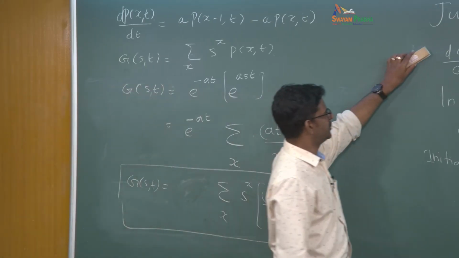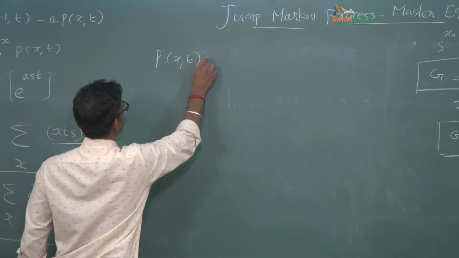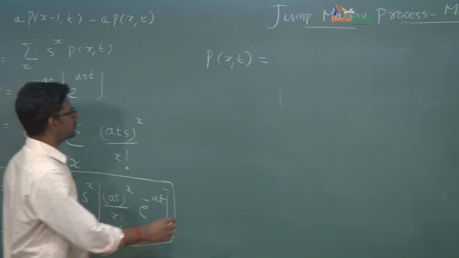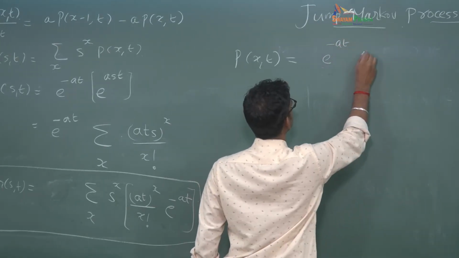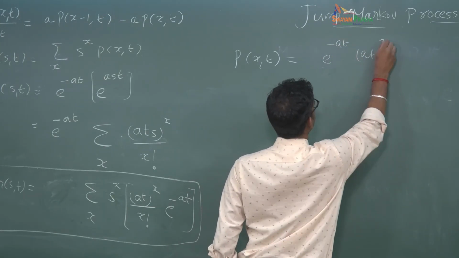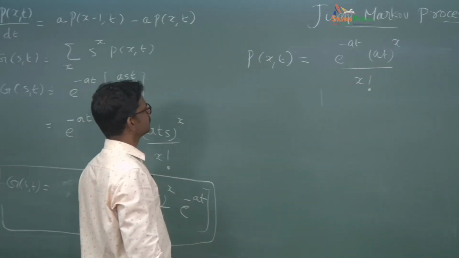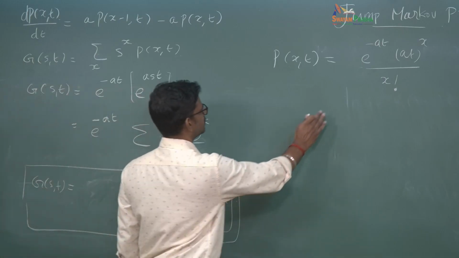Do you recognize this distribution? We say p of x comma t, the probability of finding the molecule at x at time t starting from the origin, is given by e power minus at times (at) power x by x factorial. And this is nothing but the Poisson distribution.